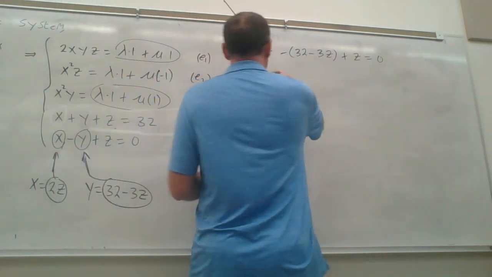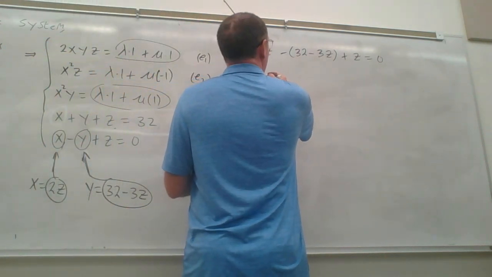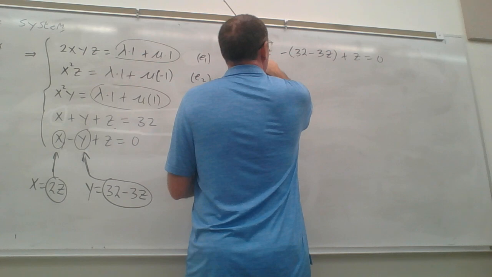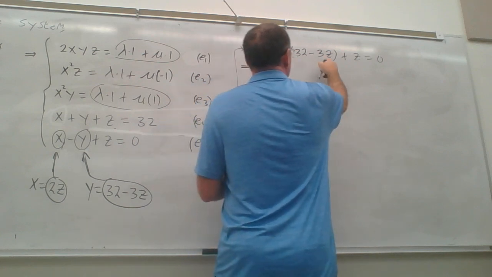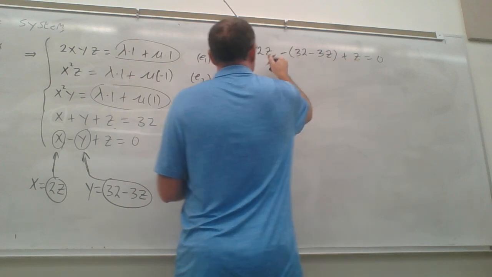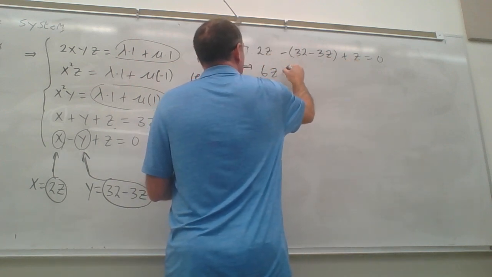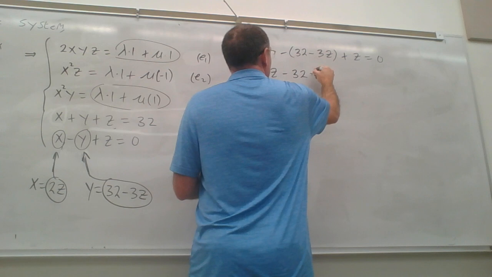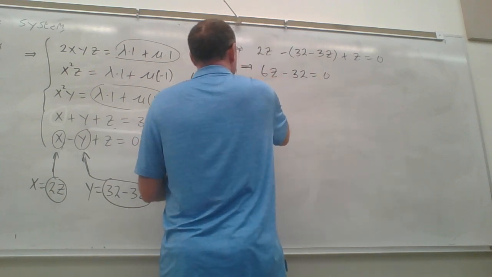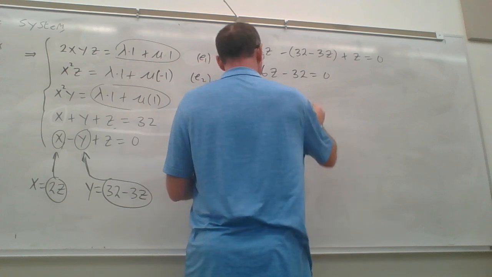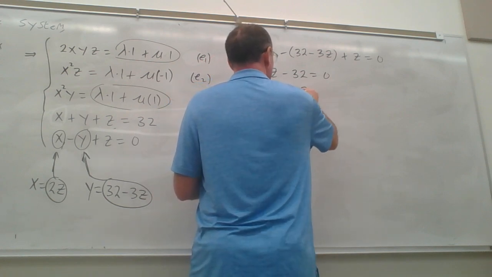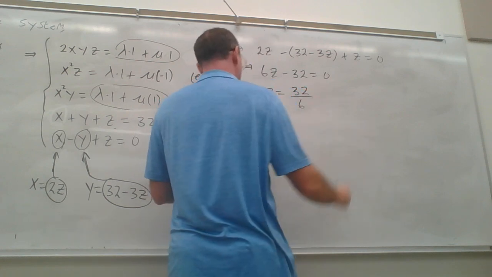Okay, so simplifying this, we get then plus 6z, because that'll be 3z there, another one there, and 2 there, will be 6z, minus 32 is 0. So solving for z, z equals 32 over 6, which reduces to 16 over 3.